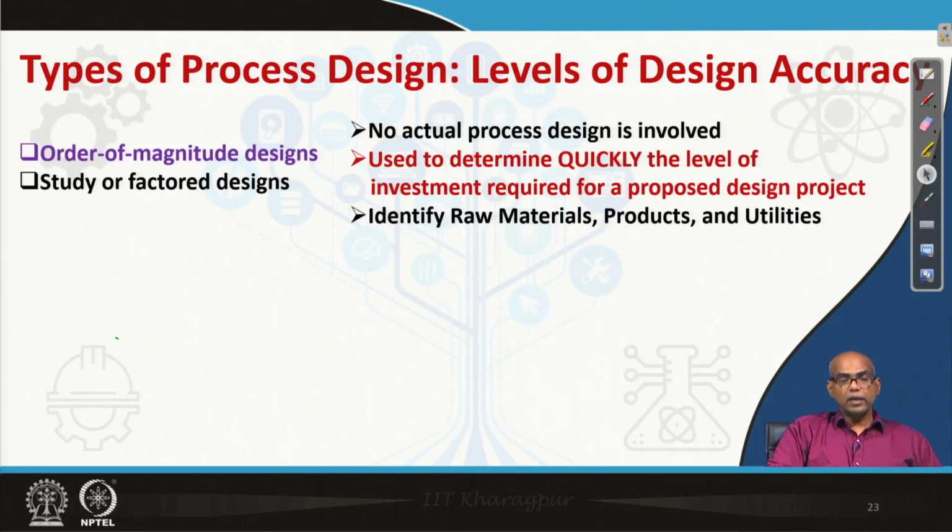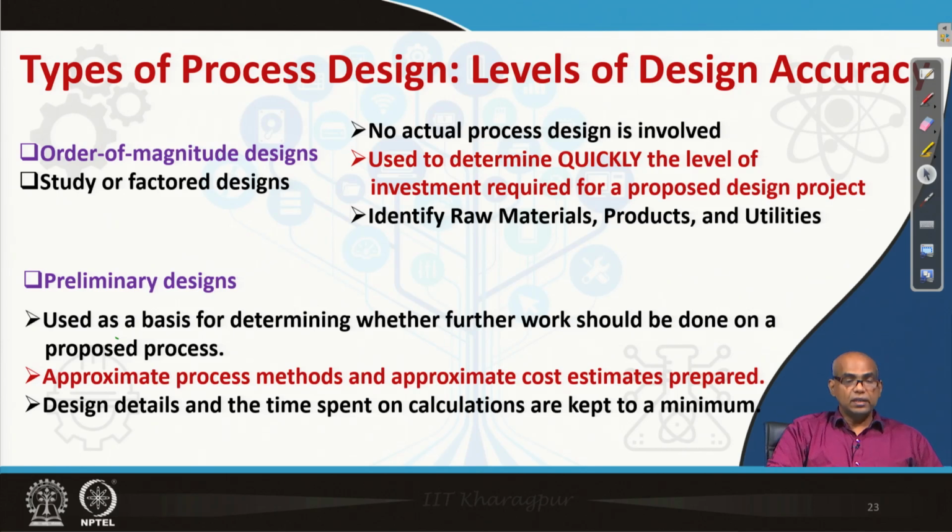Now, for order of magnitude designs and study or factor designs, no actual process design is involved. These are used only to determine very quickly the level of investment that may be required for a proposed design project. You identify raw materials here, you identify products and utilities, and you try to come up very quickly with the level of investment that is required.